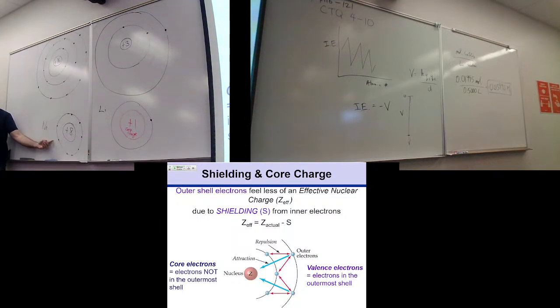Neon, however, these electrons are held on rock solid. Neon does not want to get rid of its electrons, so it's not going to react with most things. It's an inert gas. It doesn't really do anything. So this is what I mean by, we're having all these tools. We're going to use these tools and this understanding of the shells and the electrons to predict how it reacts with things. Yeah?